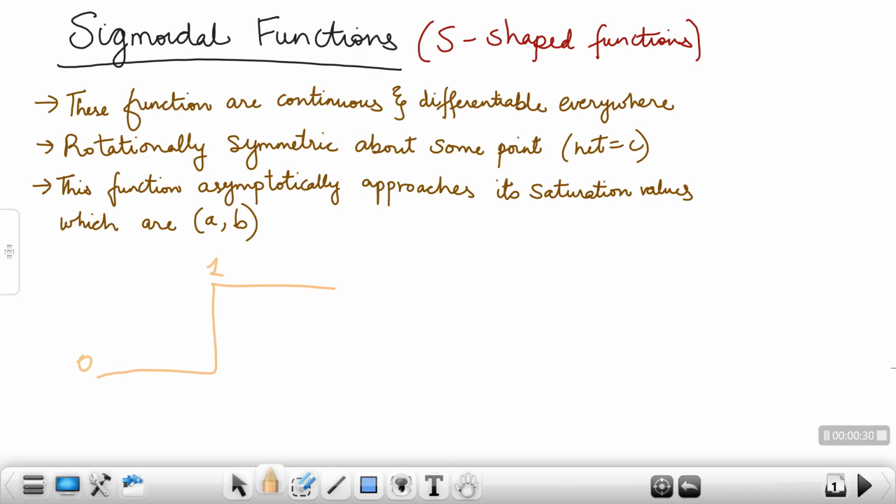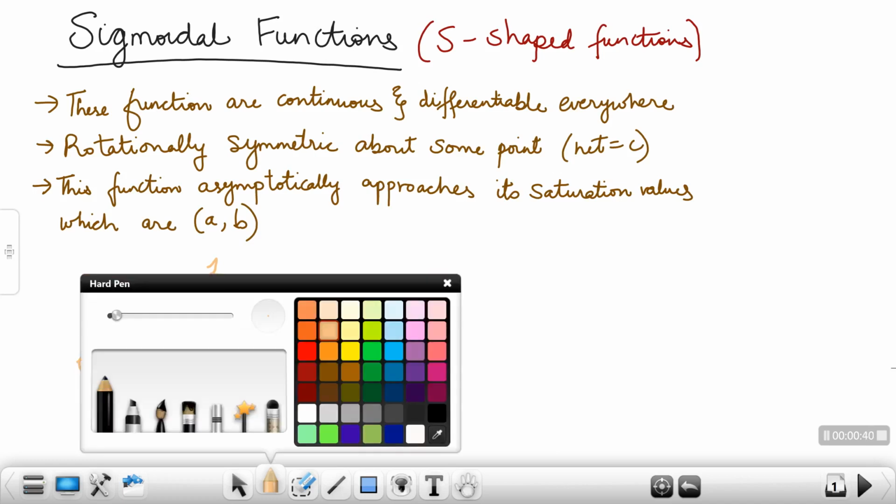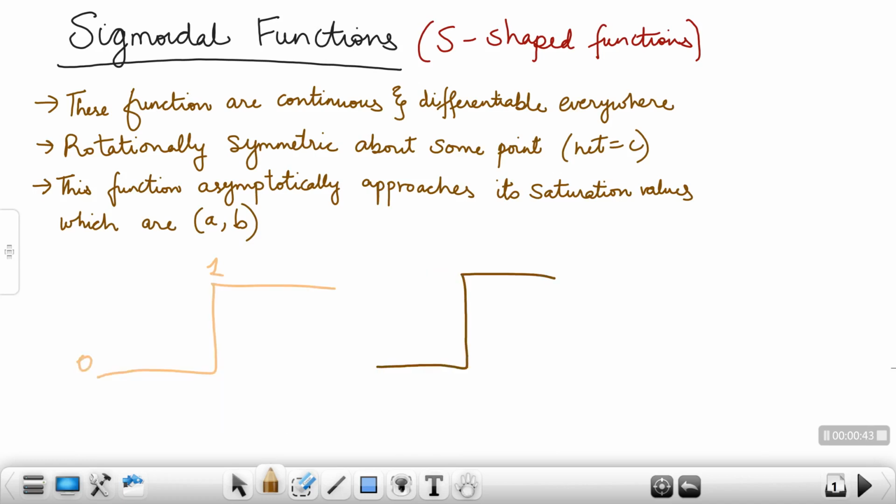Then we have seen another function, the signum function, whose two levels are 1 and minus 1. These are the two activation functions which are binary functions, or which describe the discrete neuron.